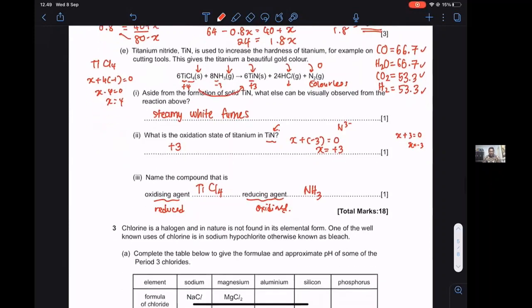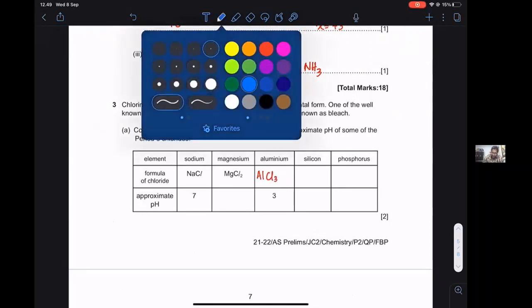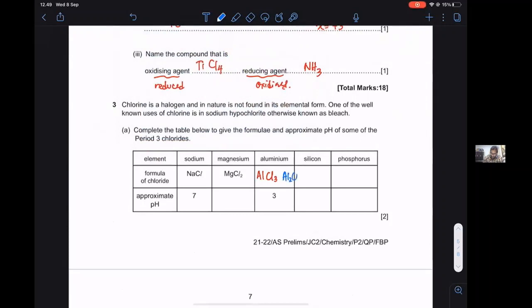Done? Now, complete the table below to give the formula and approximate pH. Very easy if you know. For aluminium, you can choose aluminium chloride, or you can also answer aluminium in this way. Both are accepted. Silicon is going to be SiCl4, so you need to answer that.